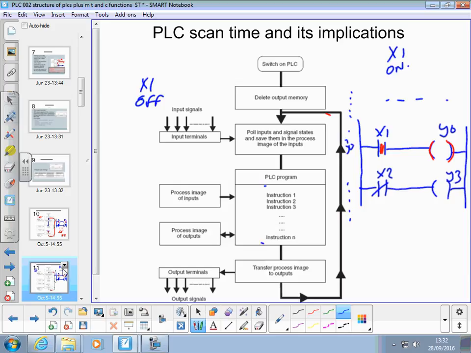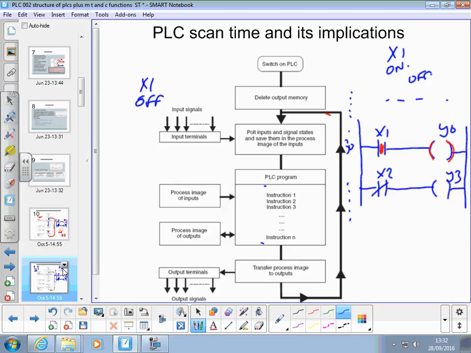If that doesn't stay on until it goes down the bottom, round again and polls the inputs, you completely miss that input pulse, because that's come on, and then we get to the bottom of the program and it goes off again. All that's going to be stored in there is off. It will miss that input. If that's meant to be counting something, that will miss it. So very, very short pulse times can be missed by these programs.